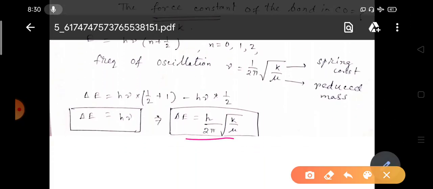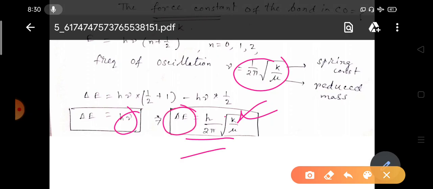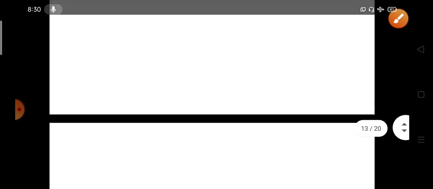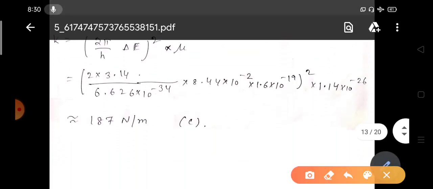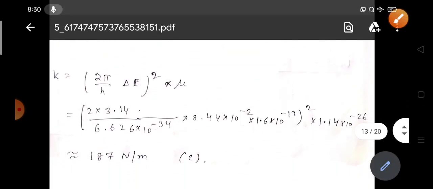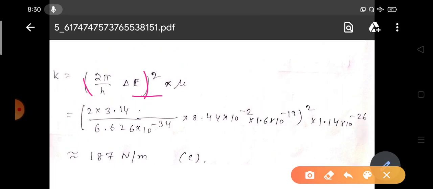Now delta E can be written as h into nu, so h into 1 by 2 pi root over k by mu. So delta E becomes h by 2 pi into root over k by mu. Delta E, h, and the reduced mass mu have been given. What we have to find is k, the force constant of the CO bond. So k equals (2 pi by h into delta E) whole square into mu.